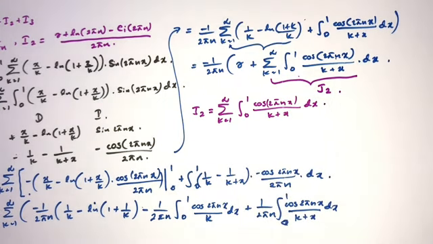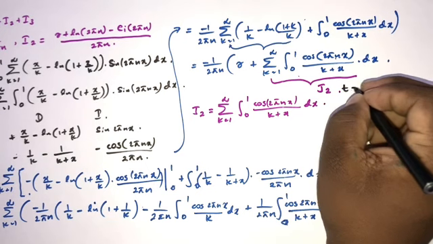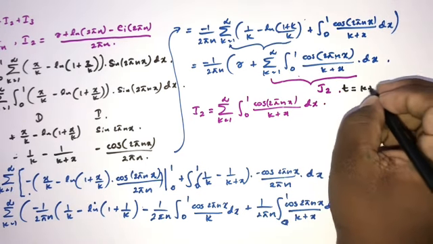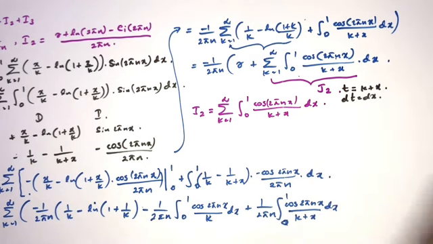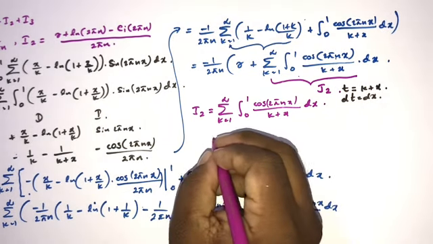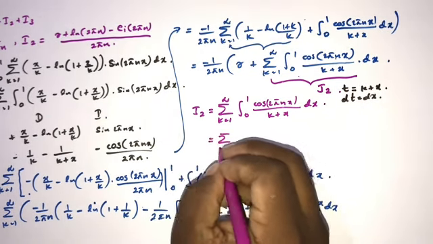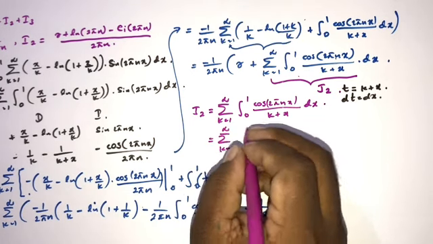Now we can take a substitution. So I am going to take t is equal to k plus x. So we know dt is equal to dx, so we can plug in here. We can write the infinite sum, k equals 1 to infinity.